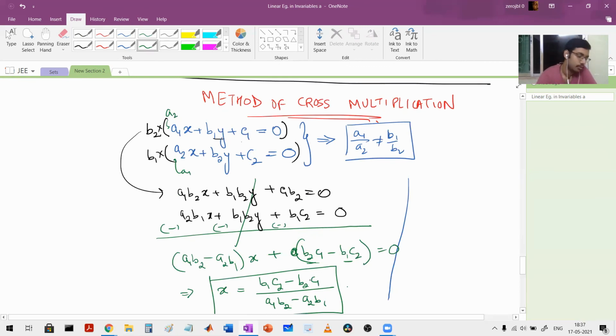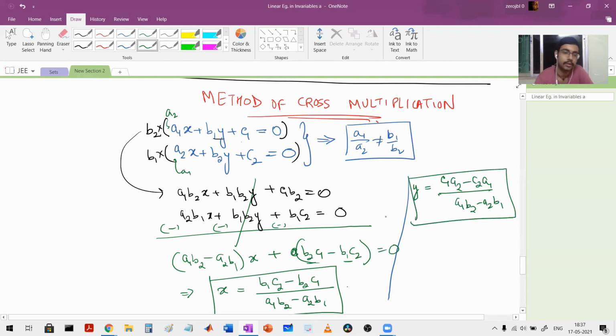You do it at your home. You will get y is equal to (c1 a2 minus c2 a1) by (a1 b2 minus a2 b1). This is the value of y you will get. Is that clear?